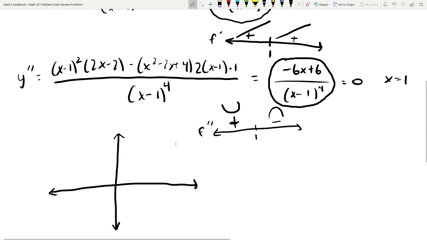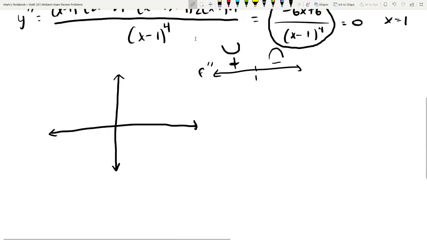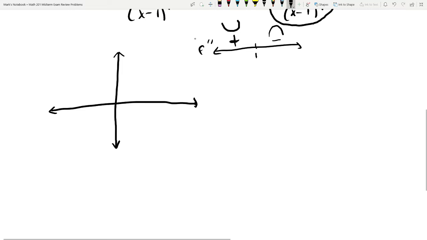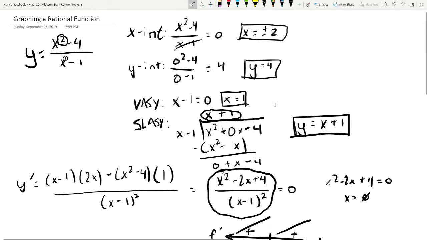So let's go ahead and start by putting in our intercepts. If we scroll back up to the top, we see that we have x-intercepts at positive and negative 2, and a y-intercept at 4. So negative 2, positive 2, and then our y-intercept at 4. Then, I'll go ahead and throw in our asymptotes.